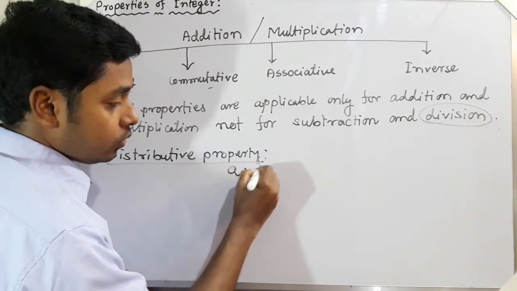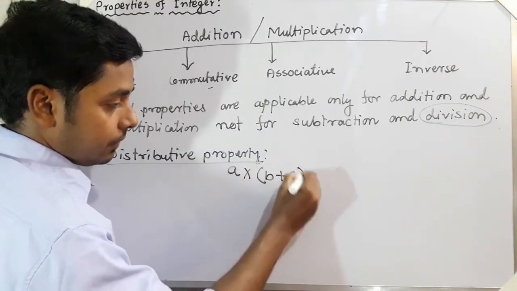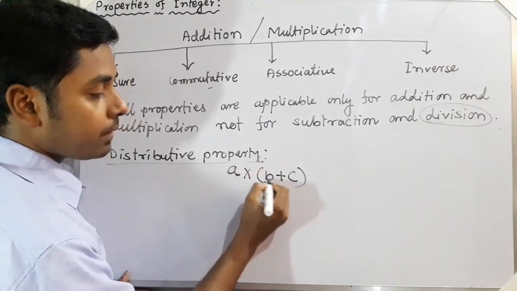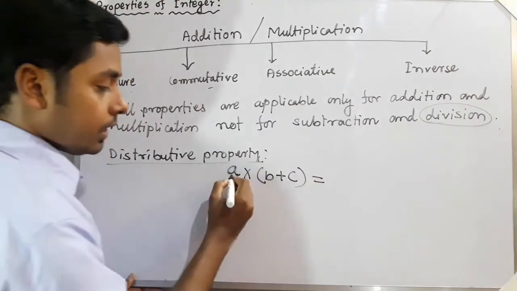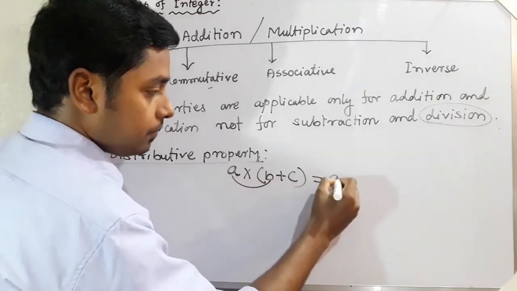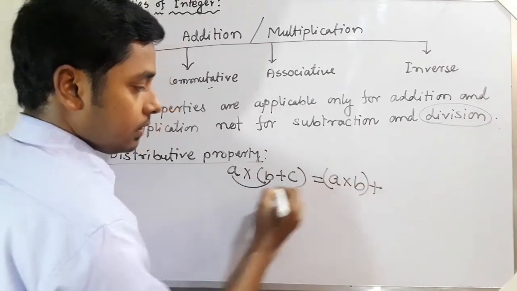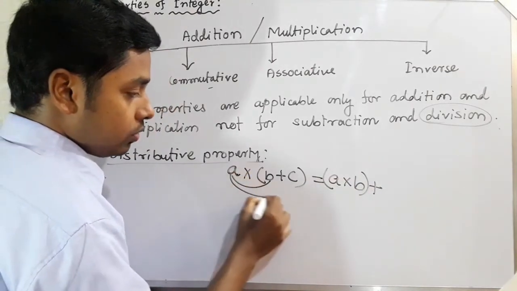a into (b plus c). What we have written here: a into, within the bracket, b plus c is equal to what? a into b, then plus a into c.